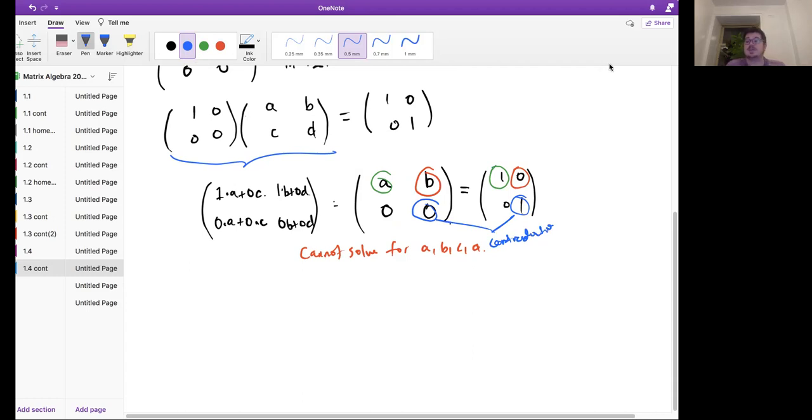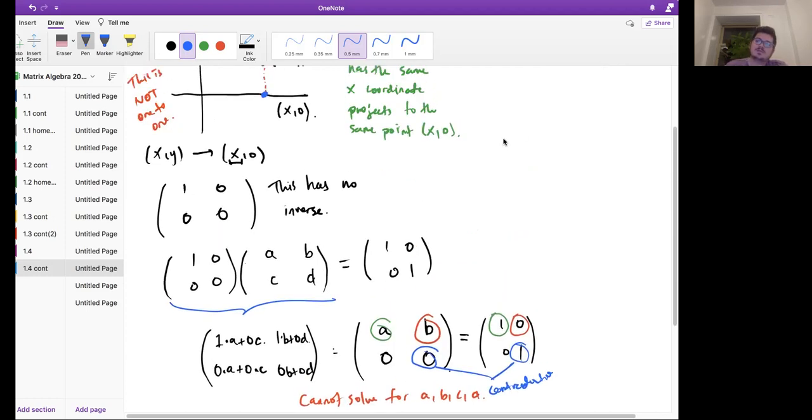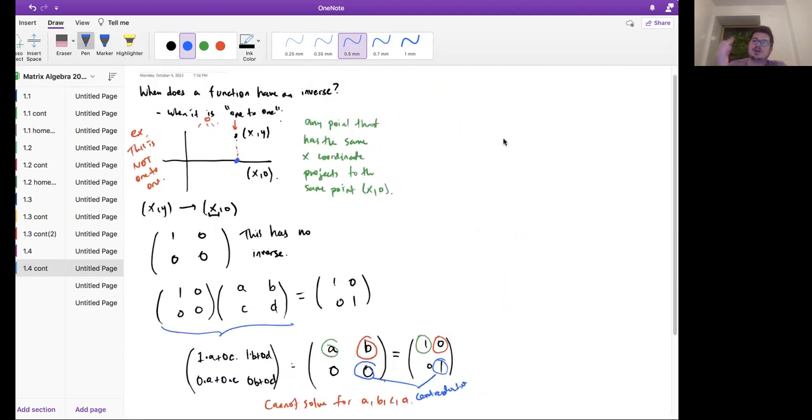These two matrices can't be the same, because if they were, then 0 would be equal to 1. So this aligns with our intuitive idea why this doesn't have an inverse, because you can't undo this action of shining a light onto the x-axis.